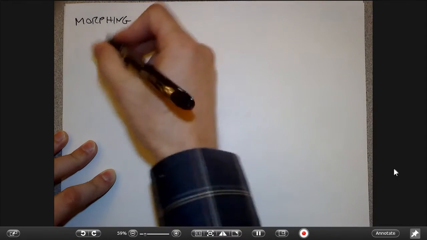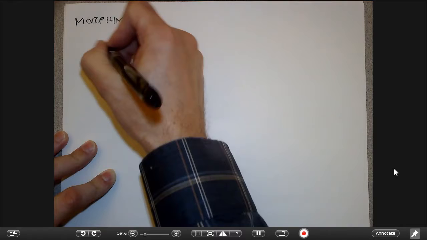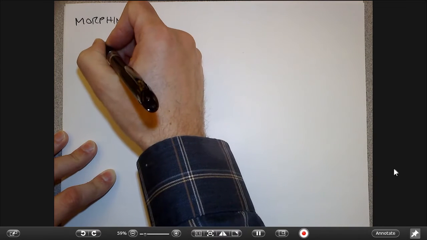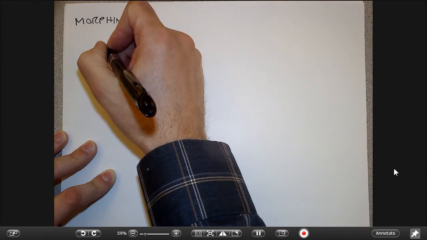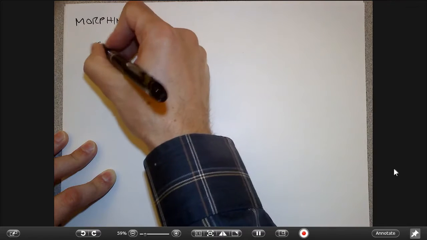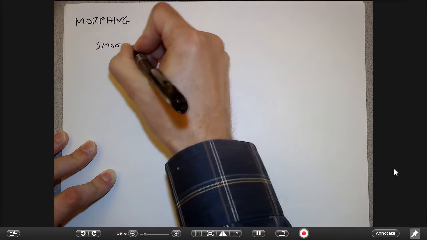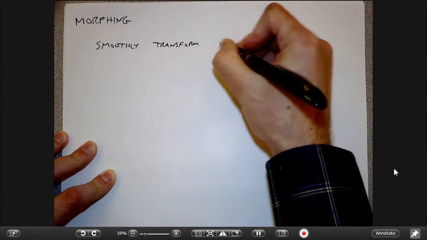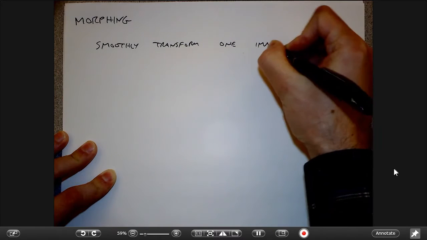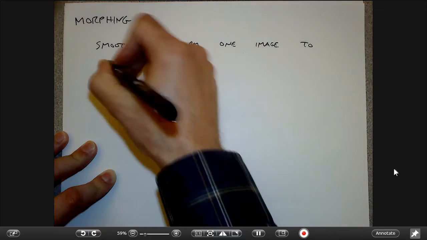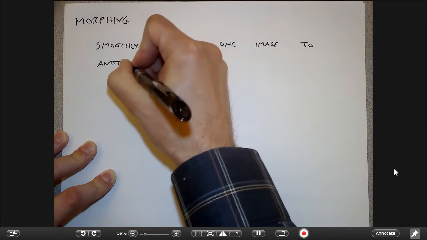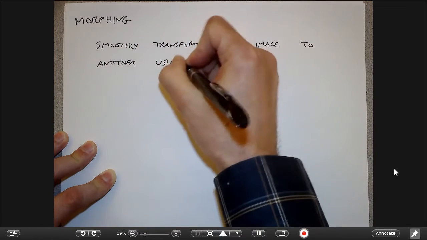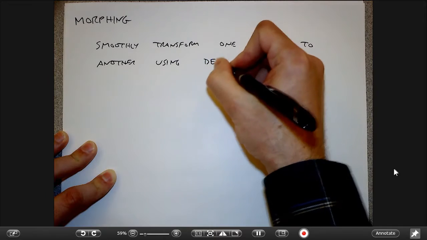And so basically the idea is that I want to smoothly transform one image to another using a dense correspondence.